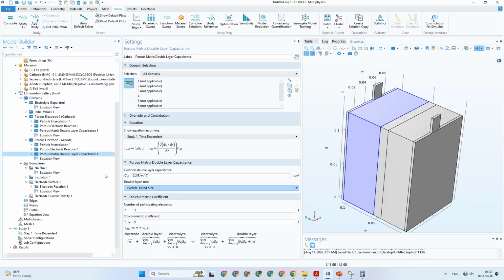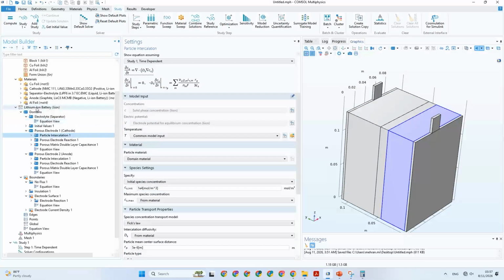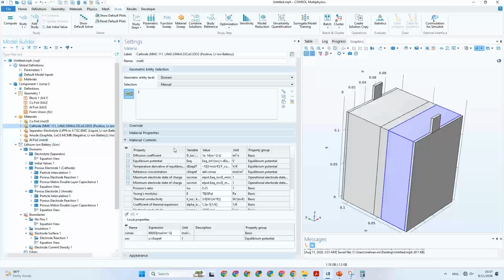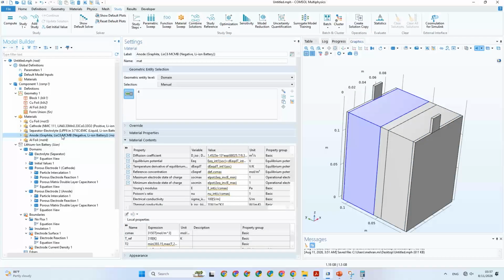Cross particle from material. For cathode it is okay. Int 1 SOC. But for anode it is not okay. T-ref. I don't know.